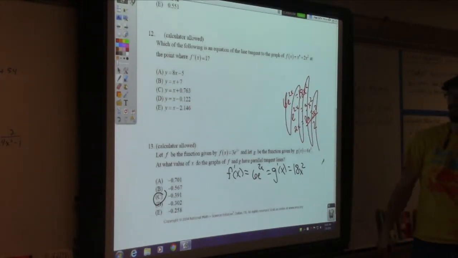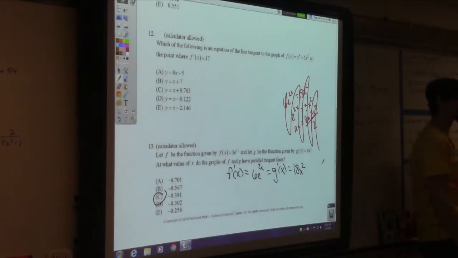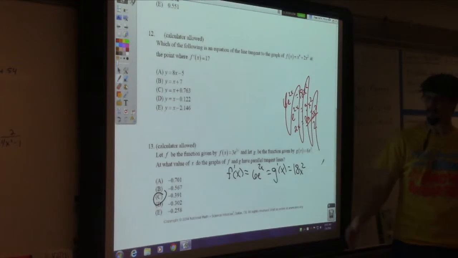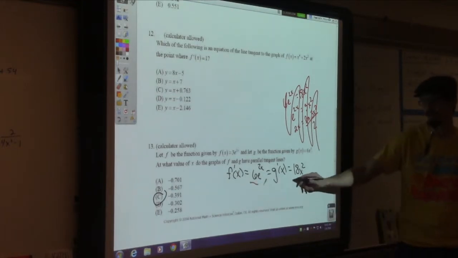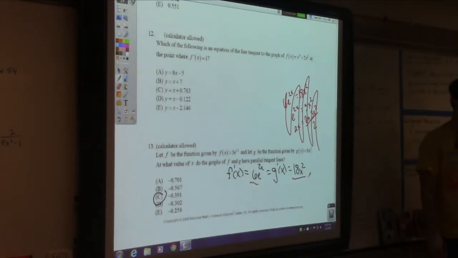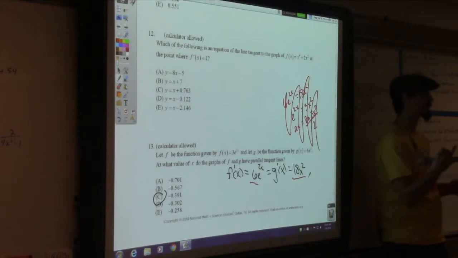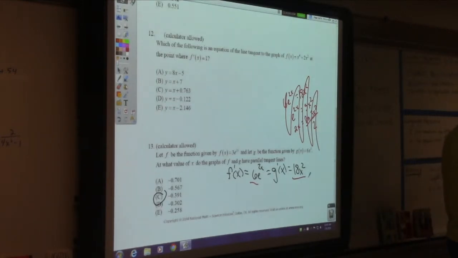Don't do that. That's not fun. You don't have time to try to manipulate an equation for that. What are you doing once you get down to this stage? You're going to take a graphical analysis, you're going to plug it in, and you're going to utilize the intersect function on your calculators. And that is what you're going to do when you go through these problems. We groovy?